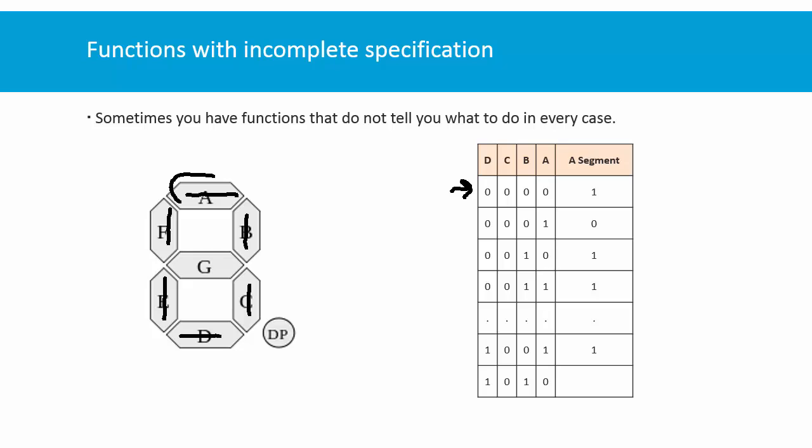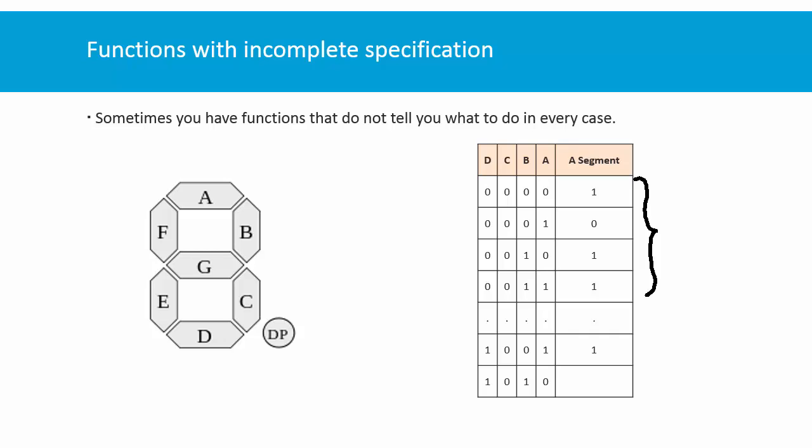In particular, by looking at segment A, we want it on. That's why here there is a 1. In combination 1, we want only segment B and segment C on, and because of that we want 0 in that combination.